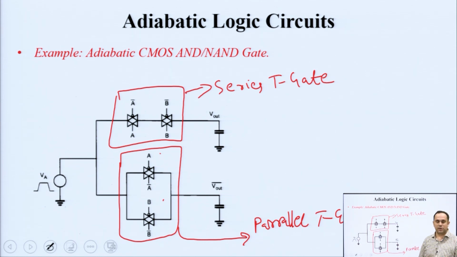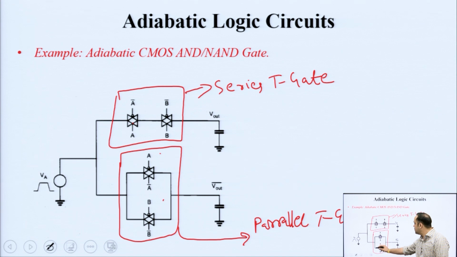So, you get a 1 here. If you put A equal to 1 and B equal to 1, this transmission gate is on, this transmission gate is on, output gets connected to the voltage, it can ramp up and get charged to a logic 1 value and gives 1 at the output, an AND circuit.